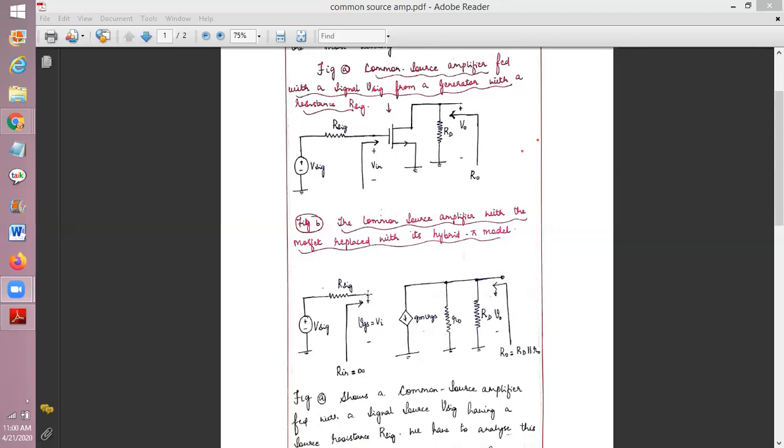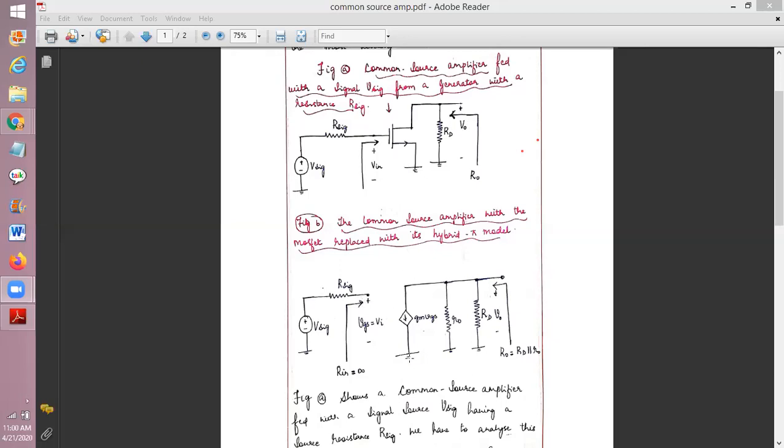Towards the left is the gate terminal. Towards the right is the drain terminal. So I will make this the source terminal, this the gate terminal, and this the drain terminal.